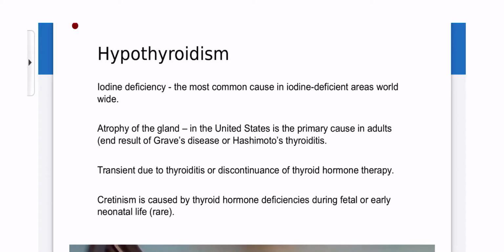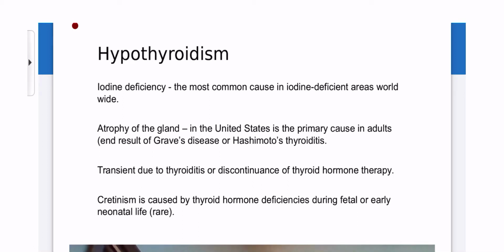Some of the etiology for hypothyroidism, of course, we talked about iodine. And then if the gland is not working, for whatever reason, is it Graves' disease, Hashimoto's, thyroiditis, or just what is the problem that this gland is not functioning correctly, the thyroid gland?